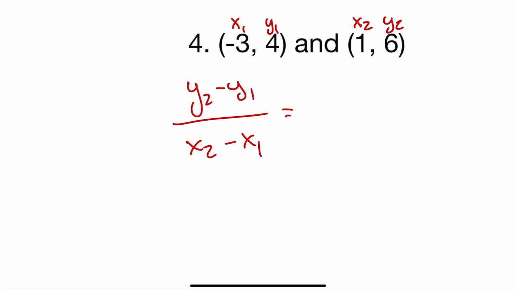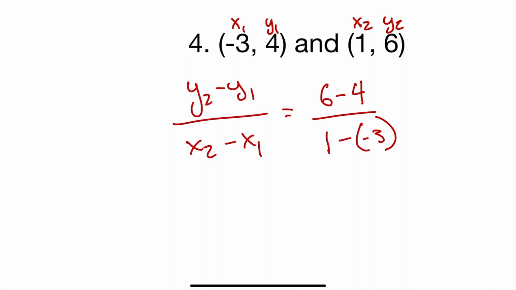All right, so let's start plugging stuff in. We need y2, that's 6, minus y1, which is 4. x2, which is 1, minus x1, which is -3. Now, I'm going to be real careful about this here.